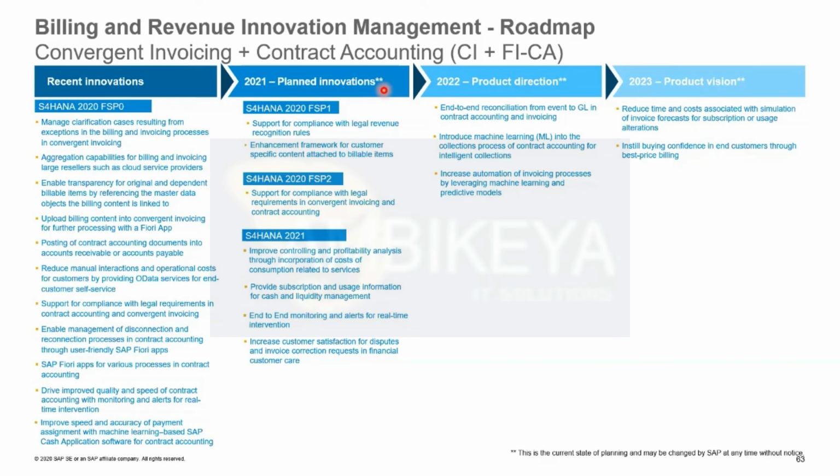So these are the planned innovations for the next year, 2021. There are some basic things we have mostly in our roadmap: support of compliance and legal rules in regards to revenue recognition, in regards to invoice issuing, e-document connection, whatever it might be, tax rules. So that's always in our common journey, especially also here, like Michael mentioned right at the beginning of this session.